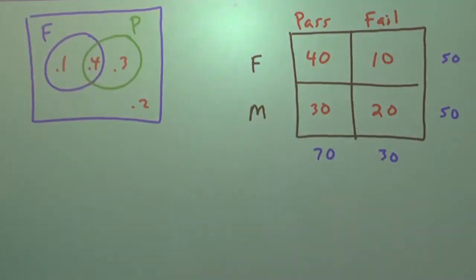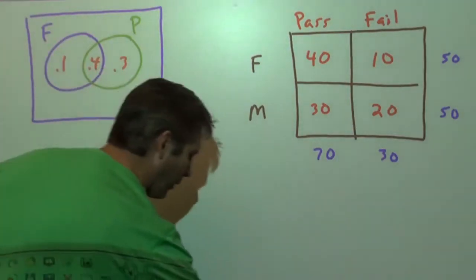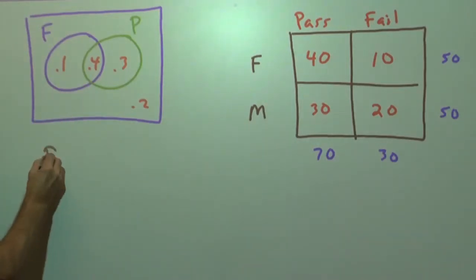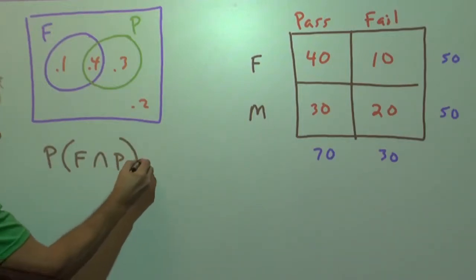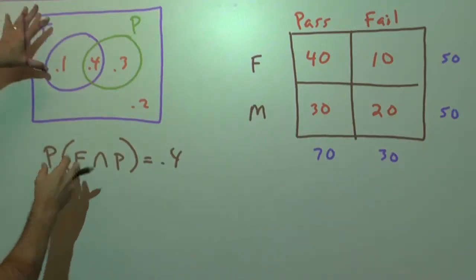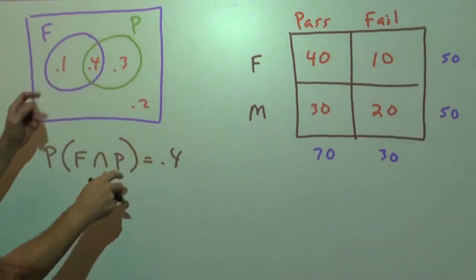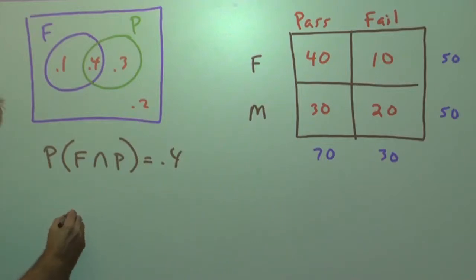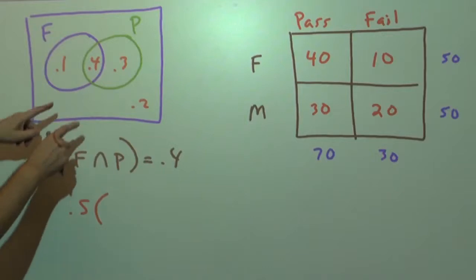So we can use this Venn diagram to do the same thing. If somebody asked, are these two events independent? You look right at the intersection. You can see that the intersection of selecting a female and that person passing the test is 0.4. If the two events are independent, then you should end up with that 0.4 by multiplying the probability that you get a female, which is 0.5, times the probability of passing the test.